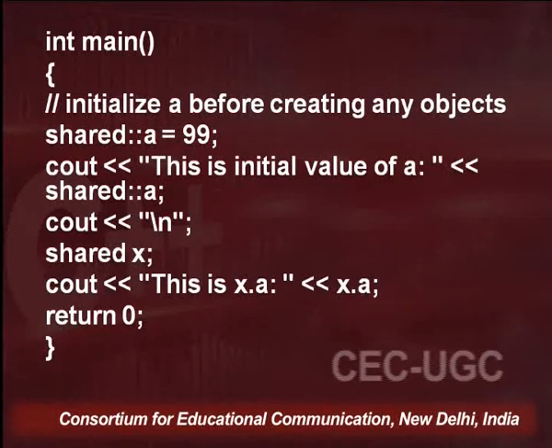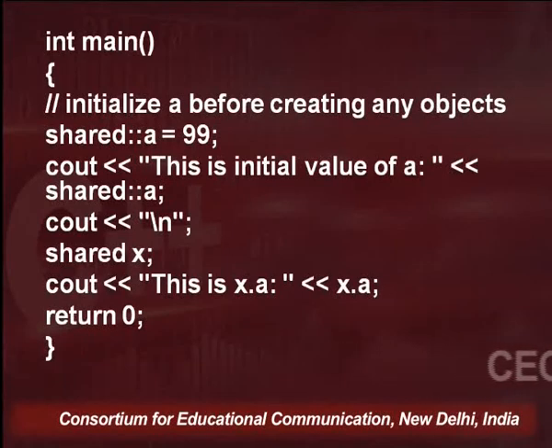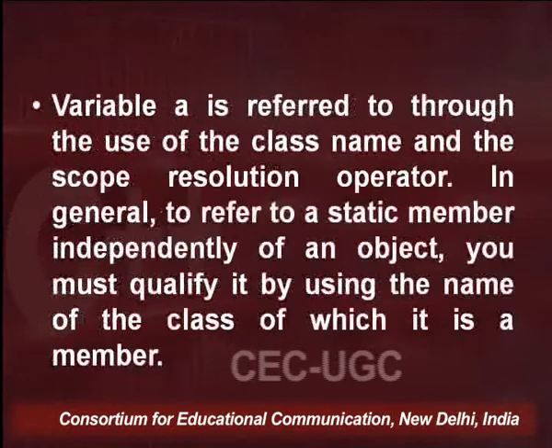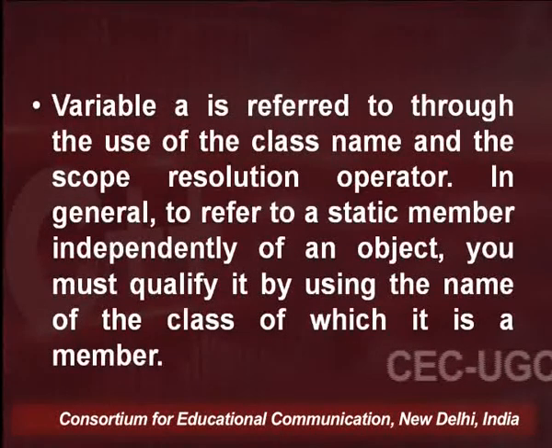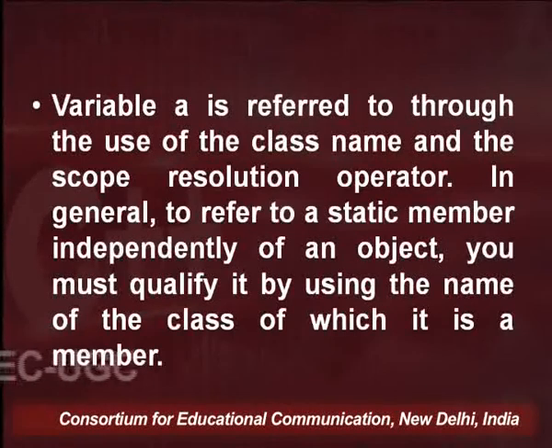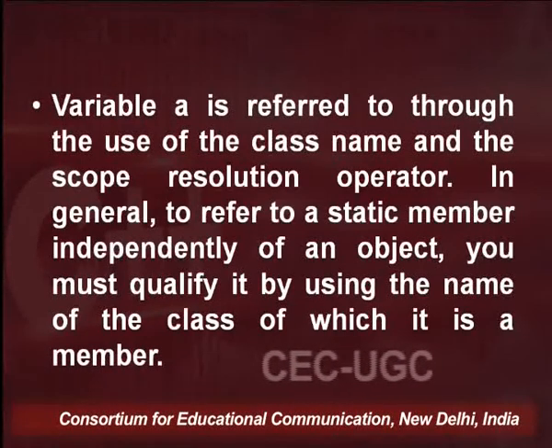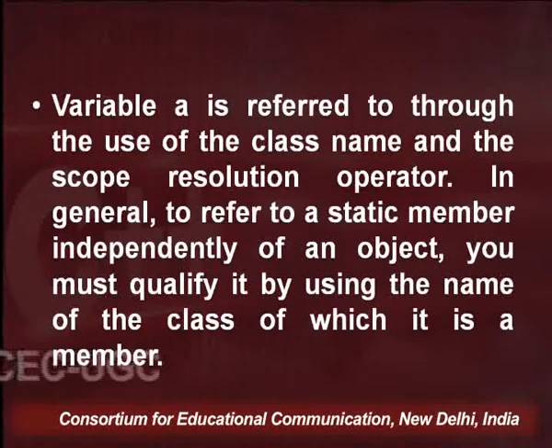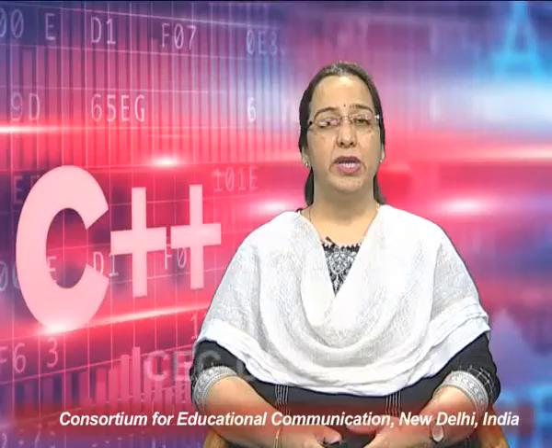And another way to access it is object dot operator and then the name of the variable. So, variable A is referred to through the use of class name and the scope resolution operator, and in general we can say to refer to a static member independently of an object, you need to qualify it by using the name of the class to which it is a member.